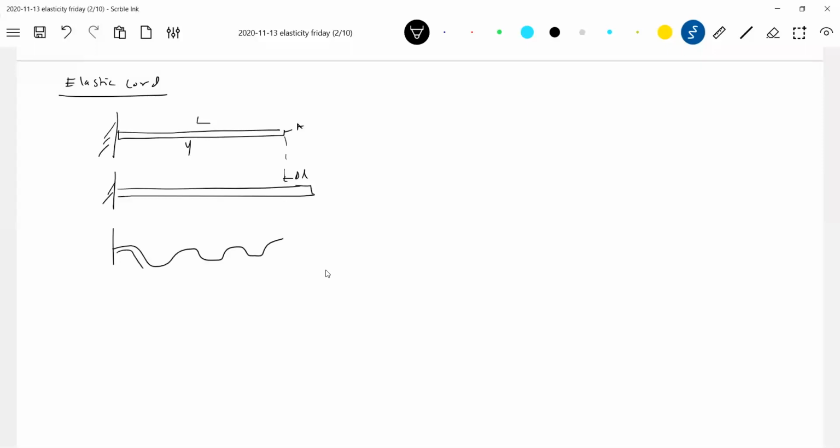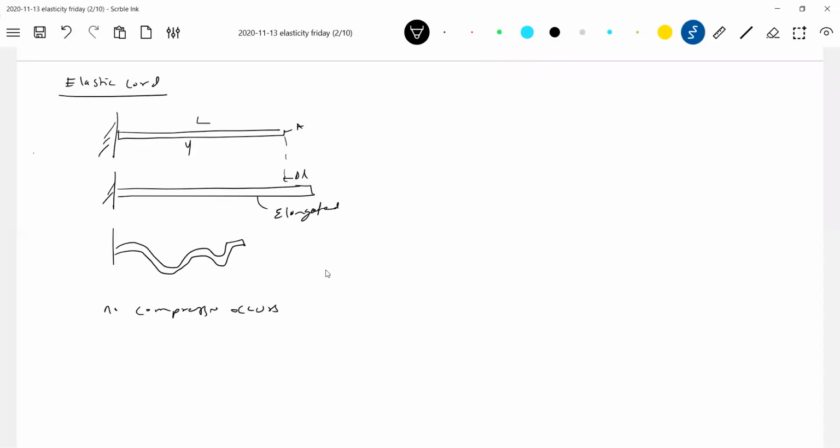Able to understand? No compression, only elongation is there. This is the elongated state. No compression occurs. I think we have to be very careful: an elastic cord cannot be compressed, it can only be elongated.